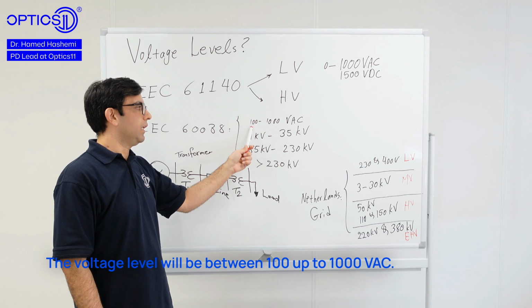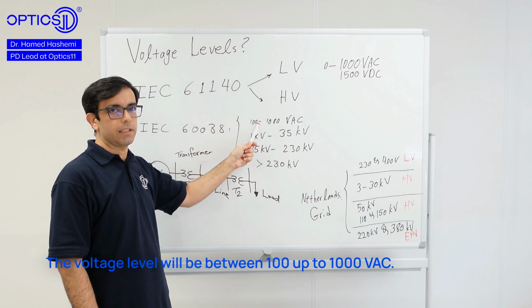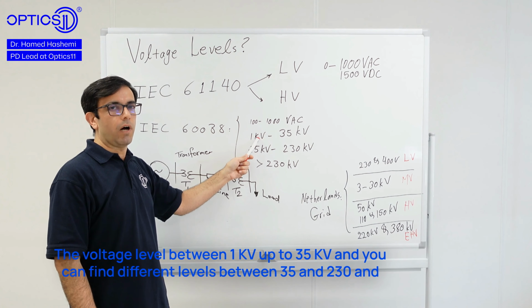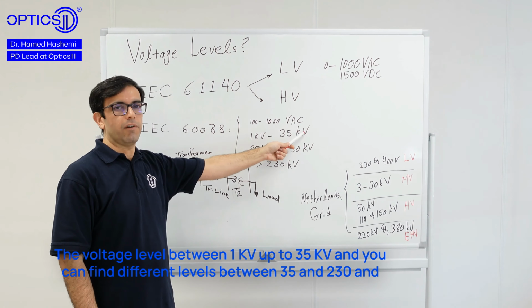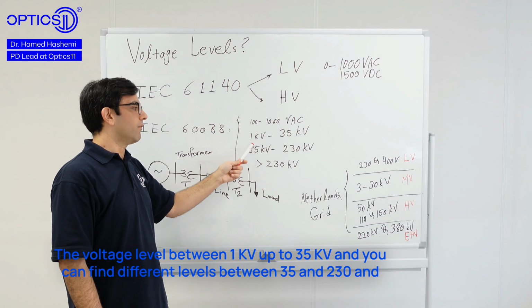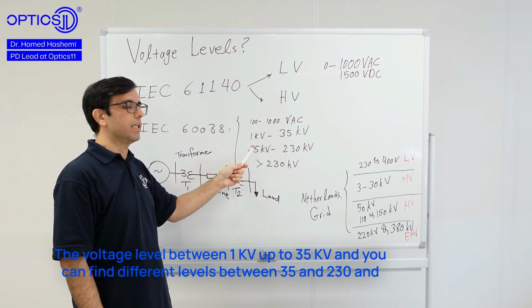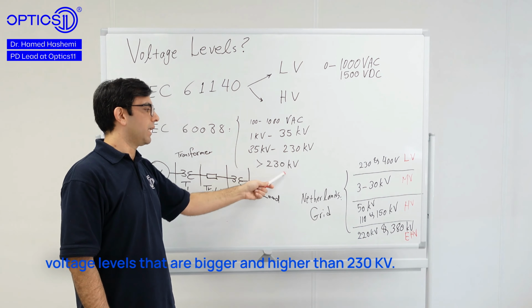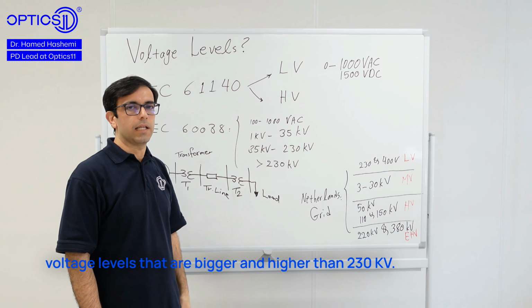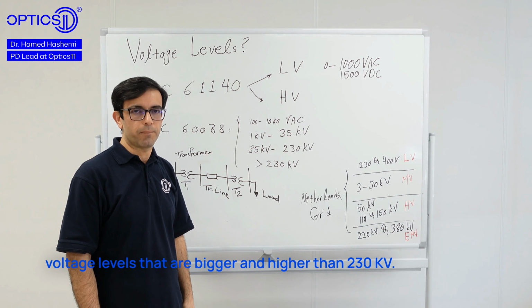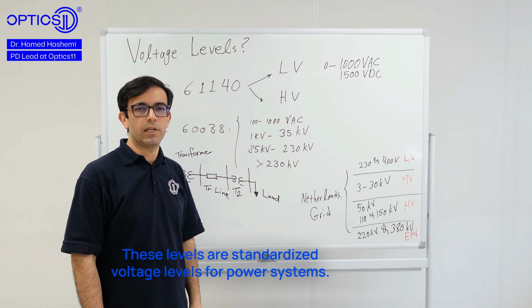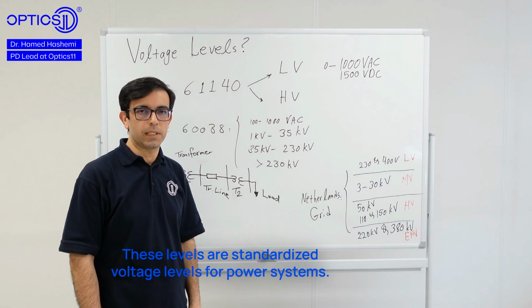The voltage level between 100 V up to 1000 V, the voltage level between 1 kV up to 35 kV, different levels between 35 and 230 kV, and voltage levels higher than 230 kV. These levels are standardized voltage levels for power systems.